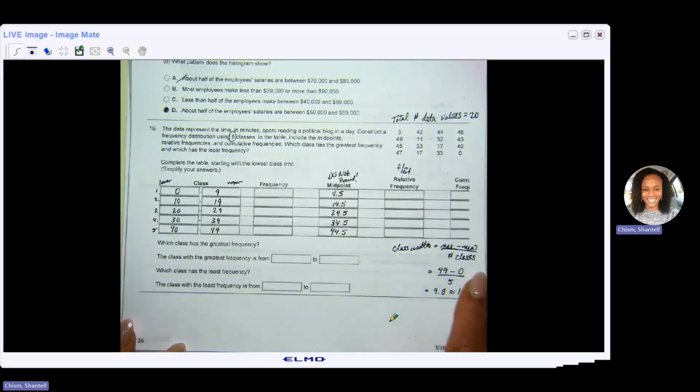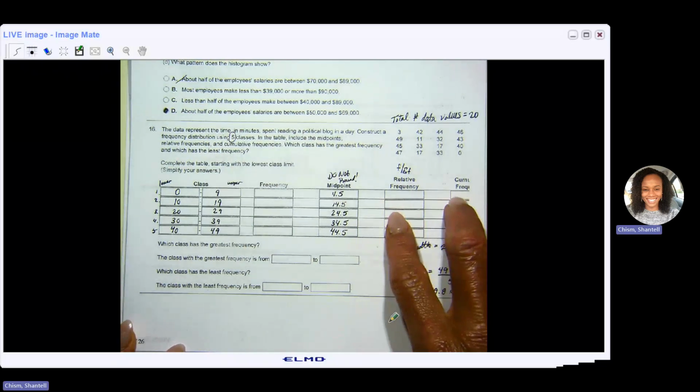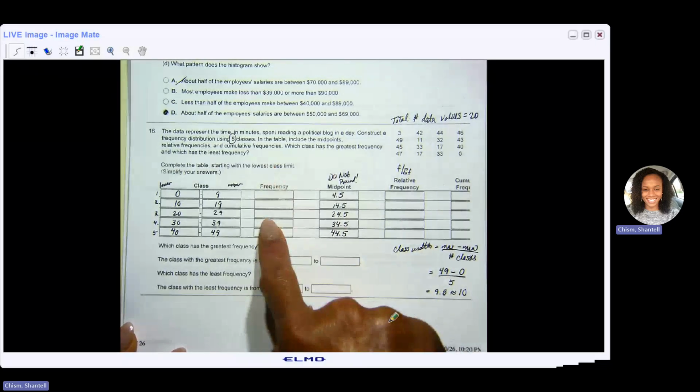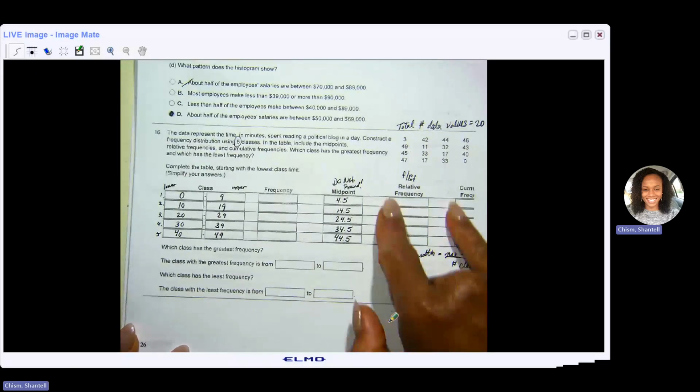Okay. And then cumulative frequencies is where you take the frequency of a class and all class frequencies before it and you add. These two columns are directly tied to this one. It's important that this one is correct in order for these two to be correct.